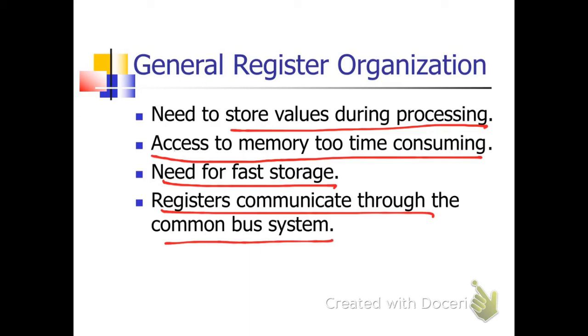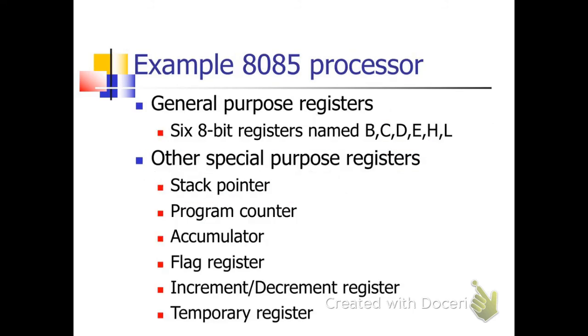There are a number of registers. For example, in this particular architecture, the 8085 processor, we have a number of general purpose registers, as you can see here. Now what is a general purpose register? A general purpose register means that you can use it for storing any temporary value during the execution of an instruction.